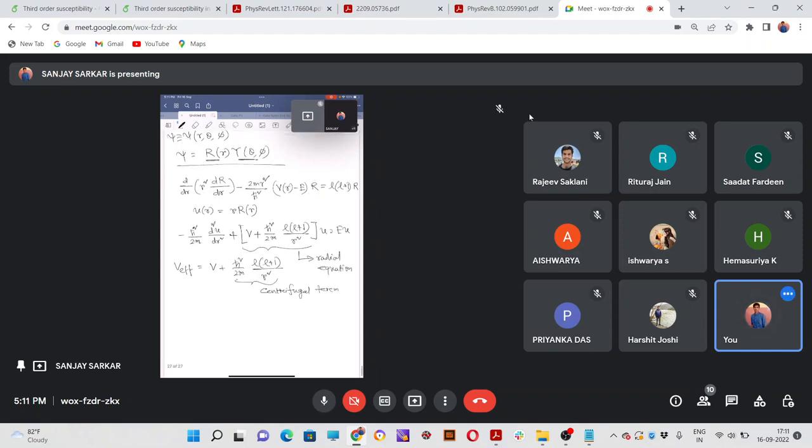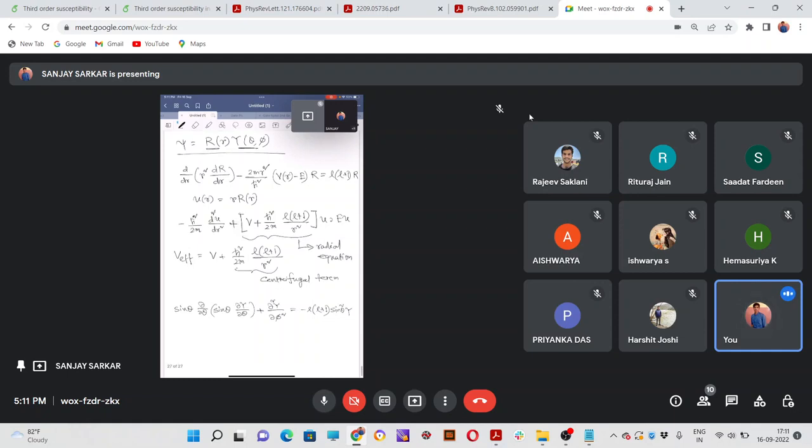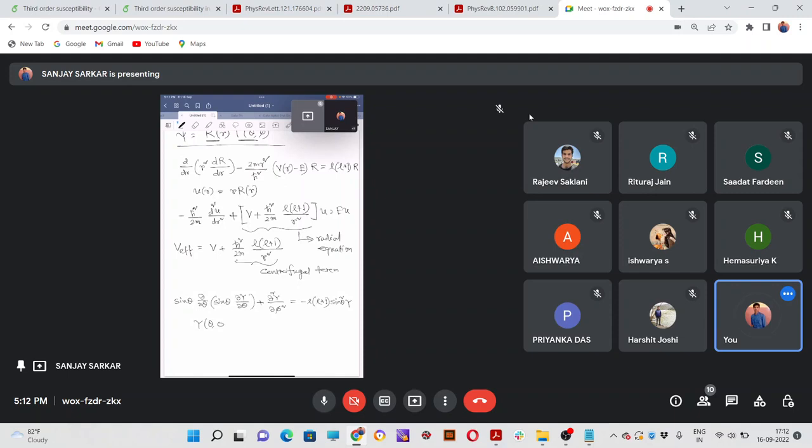Similarly, there will be another equation for the angular part, and that equation is sin theta del del theta of sin theta del Y del theta, where Y is a function of theta and phi, plus del 2 Y del phi 2 equal to minus L into L plus 1 sin square theta Y. Now since Y is a function of theta and phi, we can solve this equation again by separation of variables.